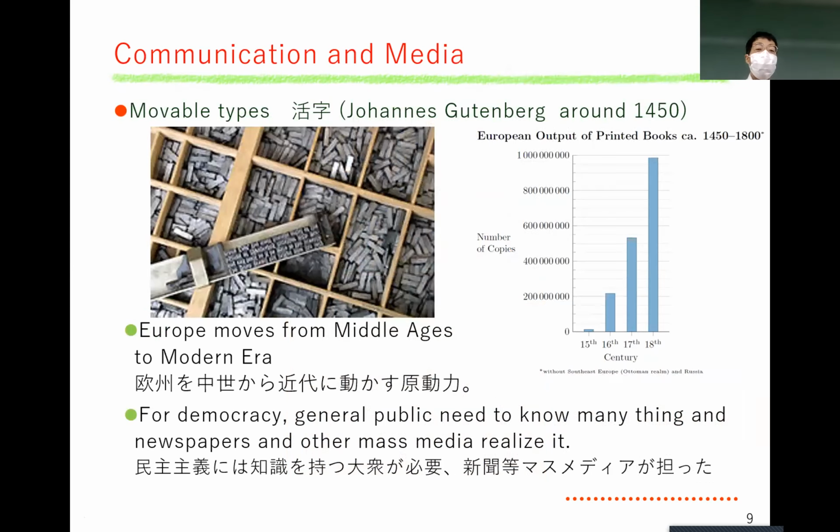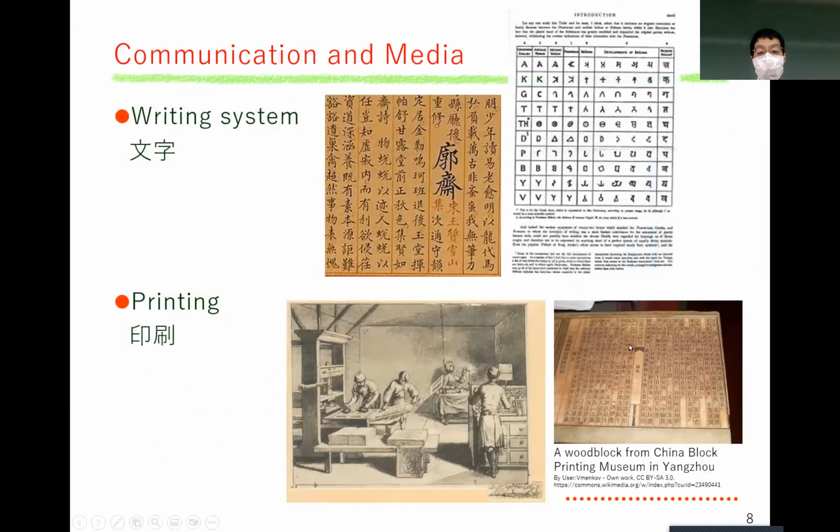It was changed by movable type. Do you know movable type? Look at this. Does anyone know what this is? Movable type. In Japanese, it is katsuji. It is used when printing. Before movable type, you had to create this kind of wood block for each publication.